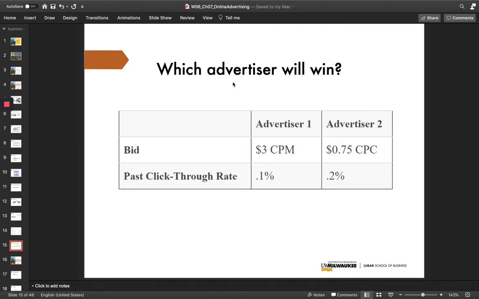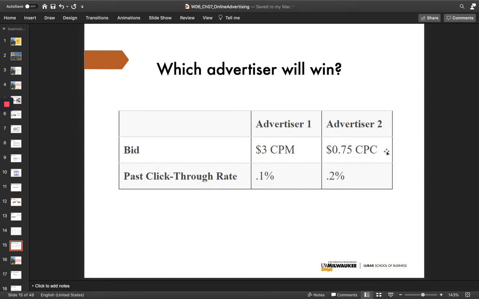Which advertiser will win? Here we have two advertisers, and we know the bidding price for each, but using different metrics. The first advertiser uses CPM, so cost per 1,000 impressions.